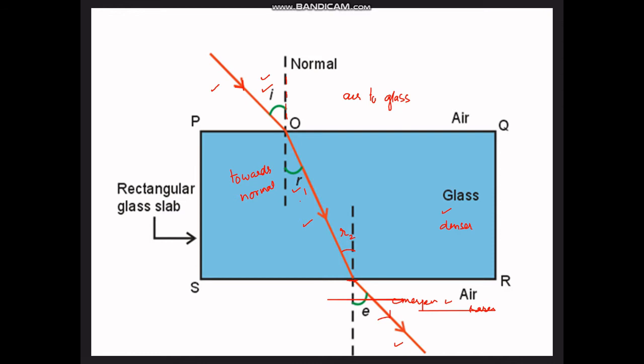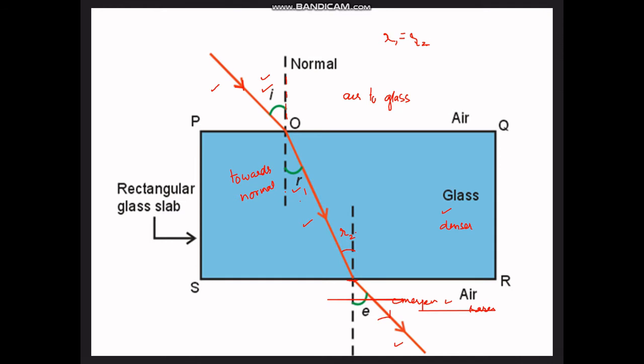Now, if you consider this, obviously R1 will be equal to R2 because this is a normal, this is a normal, and this happens to be a transversal. So R1 is equal to R2.